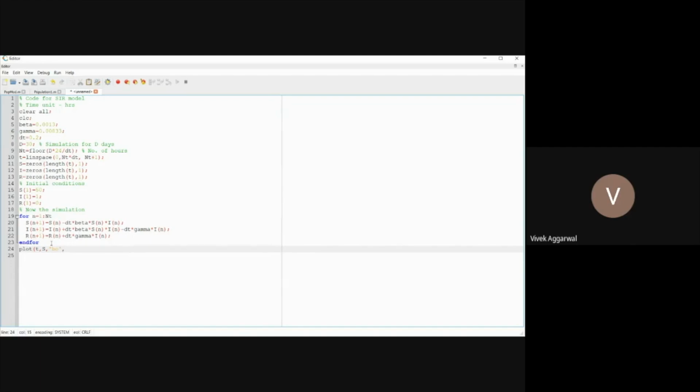Then I can plot I with K, and K means black. Then T, then R, this one I can leave. This is my plot function.